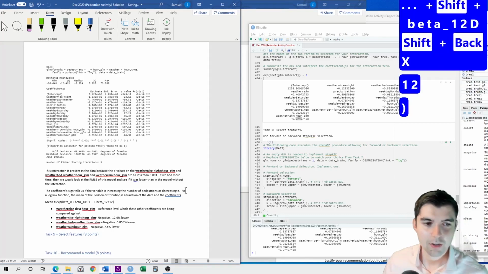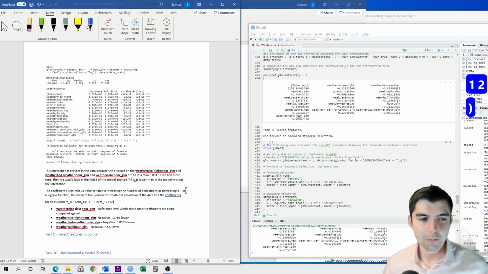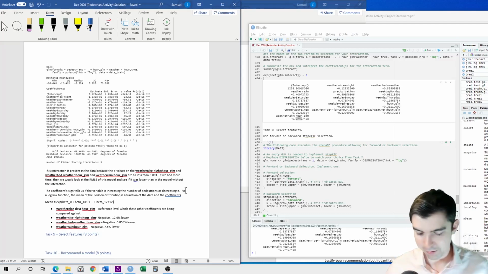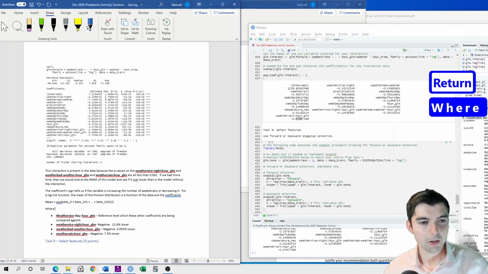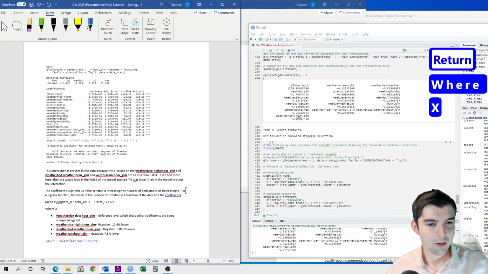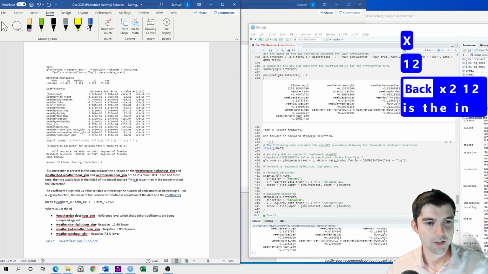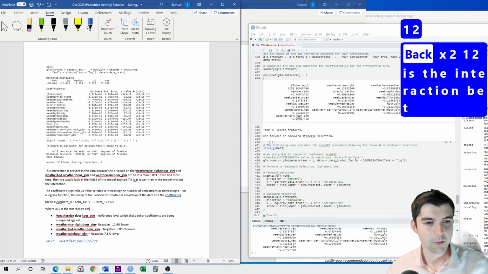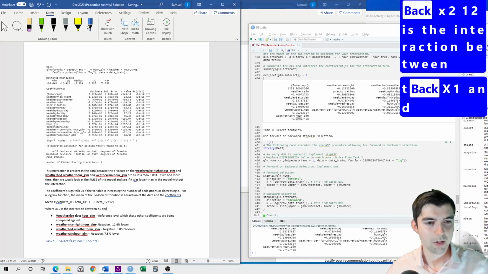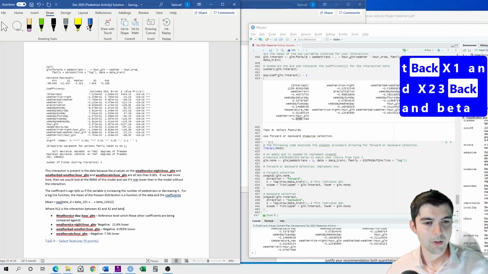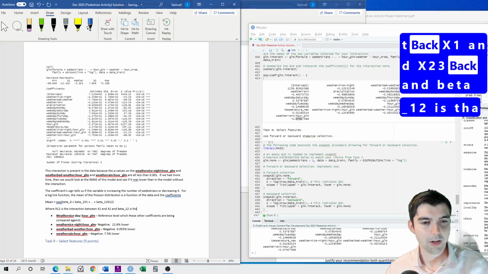Remember the audience here is like the graders team, so they wouldn't expect you to write this out in LaTeX format or do anything really fancy like that, where x12 is the interaction between x1, x2, and beta 12 is that coefficient.